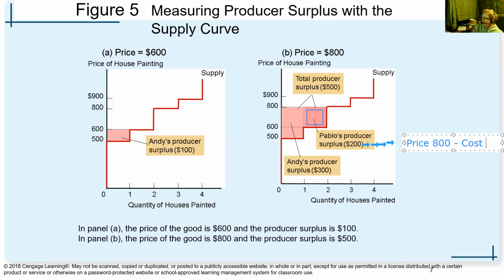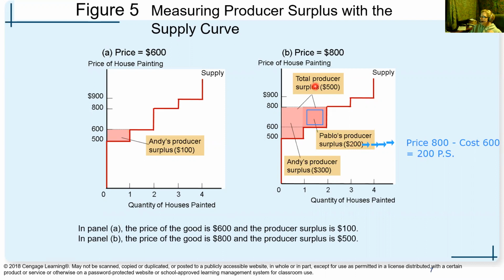I'm sorry, I looked at the wrong thing. 600, sorry, 600 is Pablo's cost, and that will mean that we have 200 of producer surplus. So this $200 would be in actuality the new producer surplus to new producers entering into the market.